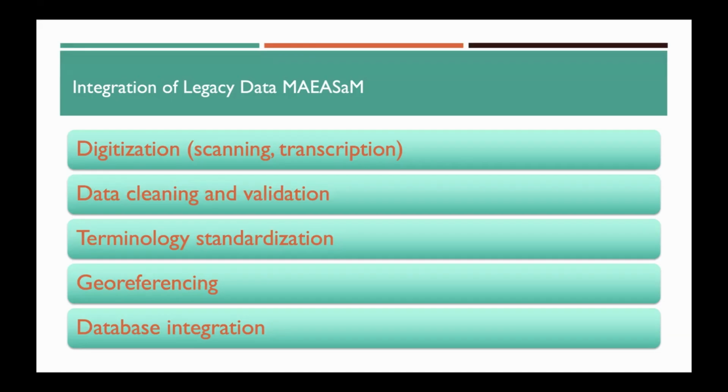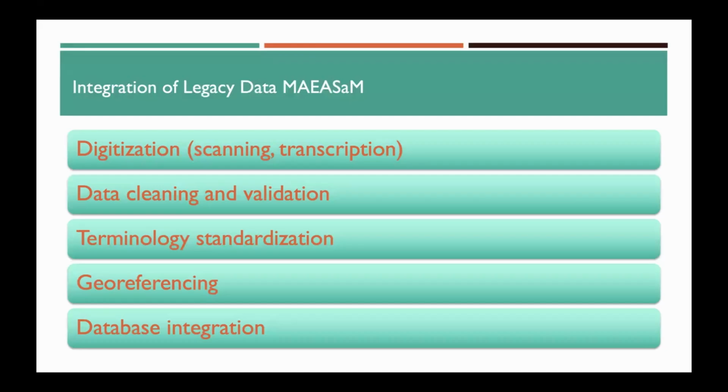Next comes data cleaning and validation. This involves correcting errors, removing duplicates, and ensuring consistency. For example, site names may appear in multiple spellings due to the translation from Arabic or another language. This needs to be standardized. A crucial step is terminology standardization.